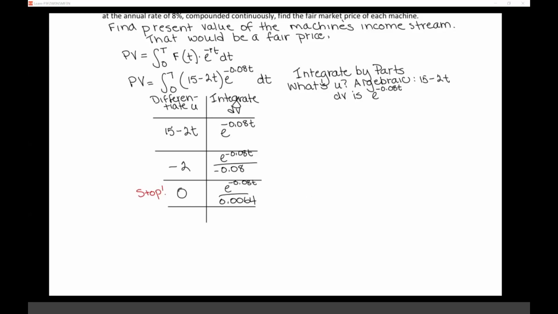Whenever you're integrating e to some number times the variable, you just keep accumulating that number that's multiplying your variable up in the exponent. You keep multiplying by that down in the denominator. So this is negative 0.08 times negative 0.08. That's where that came from. Everybody good with the integration?